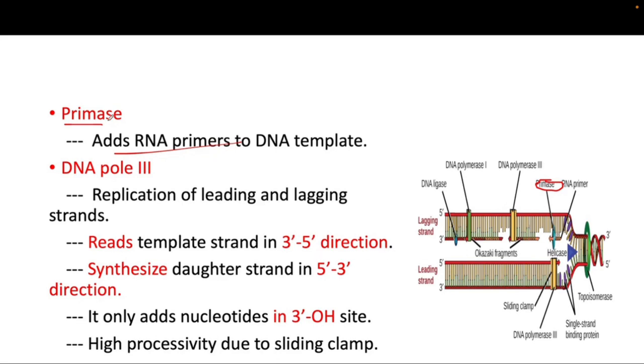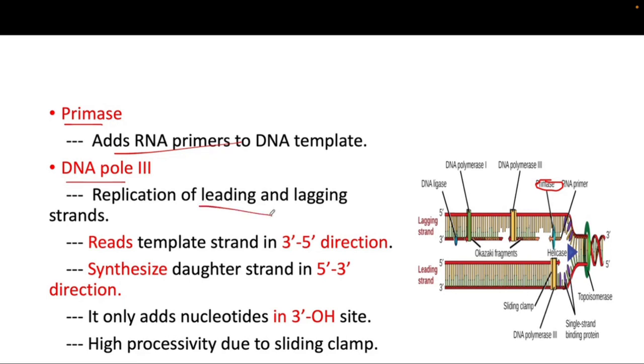It opens up the door for DNA polymerase 3 to add the complementary bases. DNA polymerase cannot function without the primase because it needs the initial assistance, and that assistance is provided by primase. Okay, and then once the primer is added, the DNA polymerase 3 comes into the picture.